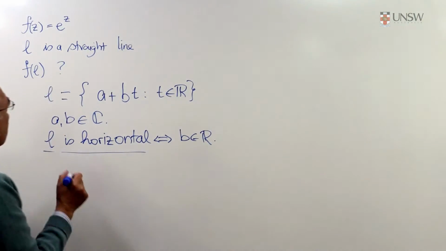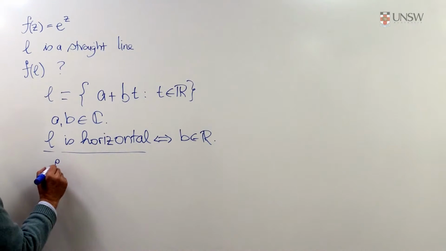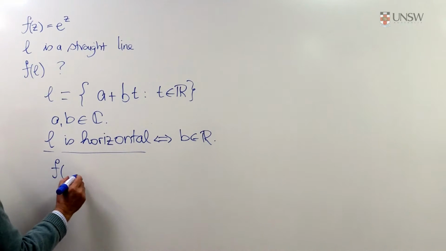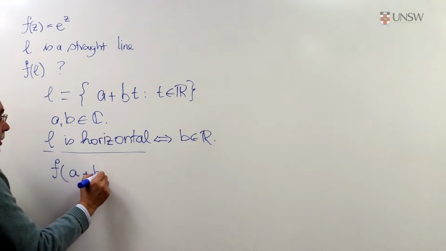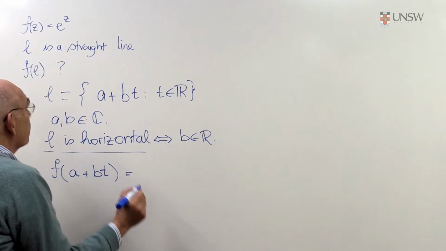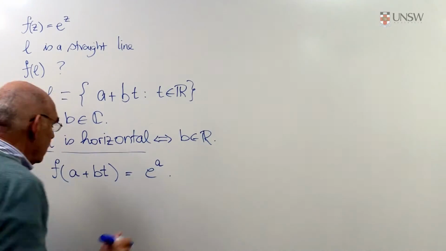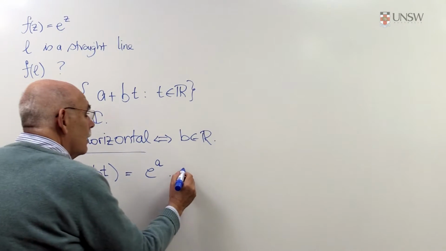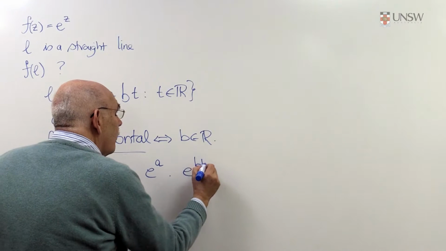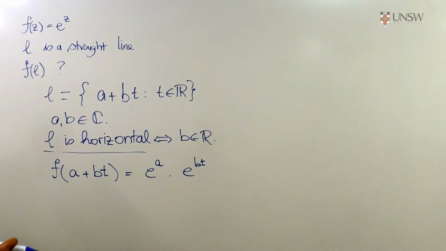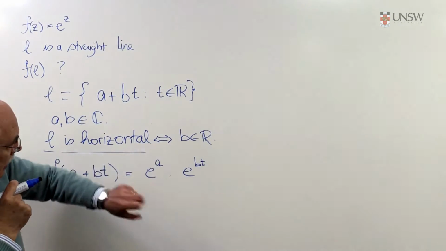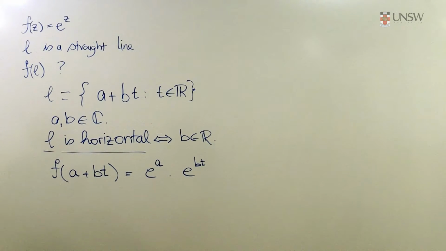Now, what can we say about f of L? Well, f of a plus bt is, of course, the exponential of a times the exponential of bt. And this basically is just a constant.